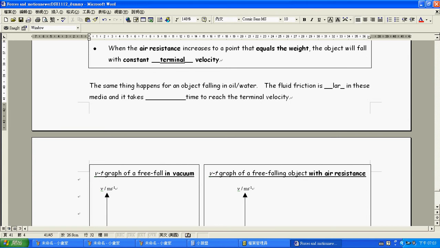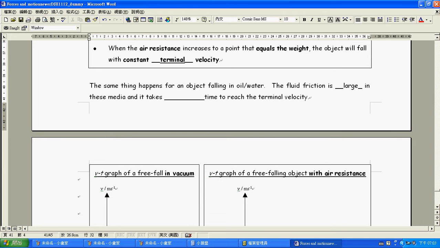Okay, the resistance is larger in this medium, and it takes a shorter time to reach the terminal velocity.